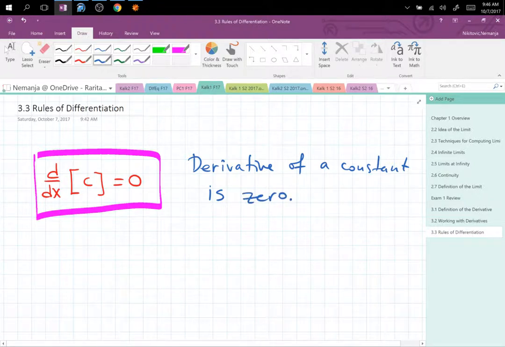Now, when you are looking at a statement in English and a statement in mathematics, there has to be one-to-one correspondence.